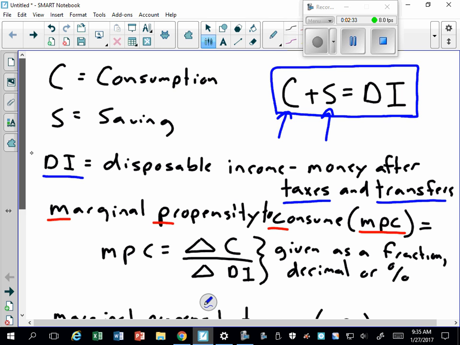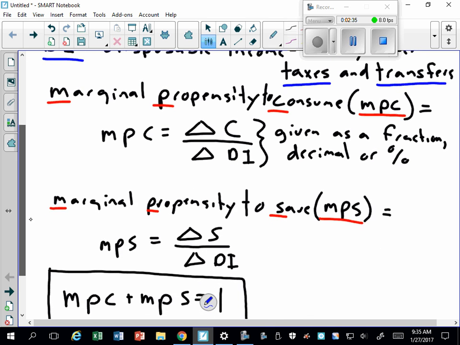Now we scroll down here a little bit. We got the marginal propensity to consume and the marginal propensity to save. Obviously I'm having a little issue saying that. It sounds more complicated than it is.